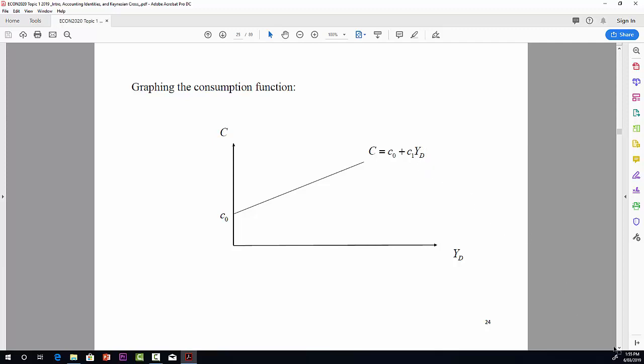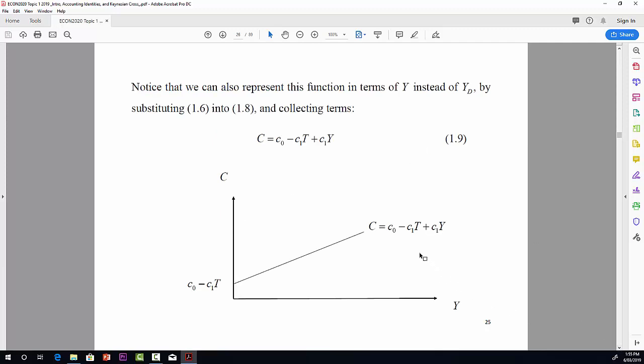So let's do that. If you substitute that in, you'll get this: C is equal to C0 minus C1t plus C1 times y. So now I have on this axis income, not disposable income, but income. Same thing on this axis, consumption, same as it was.